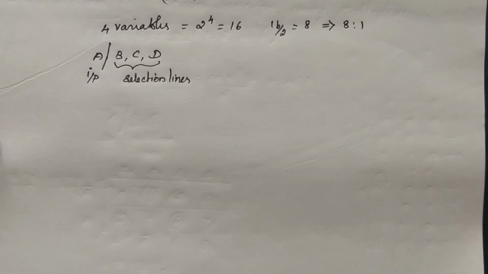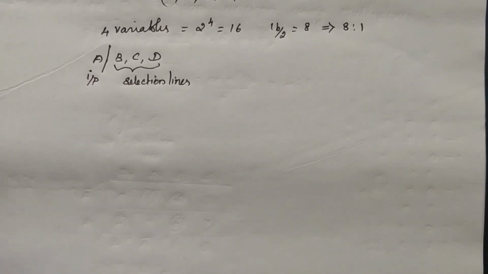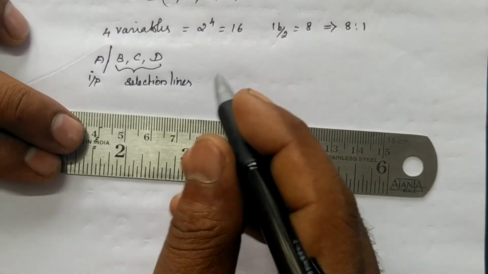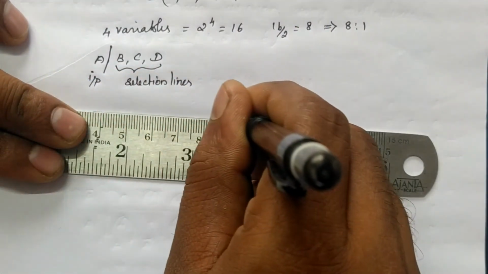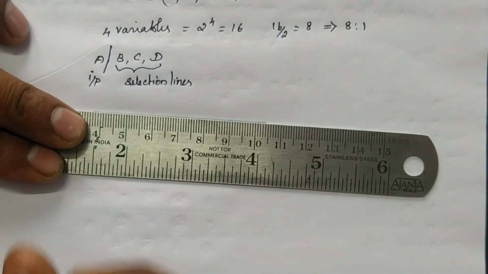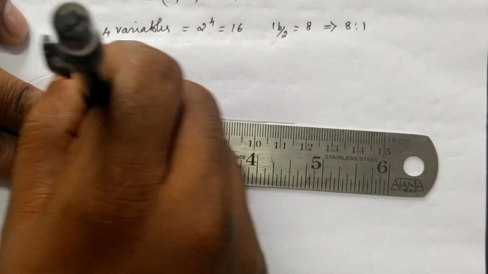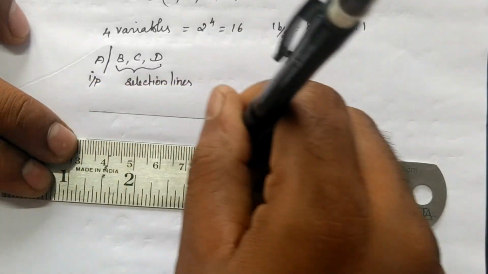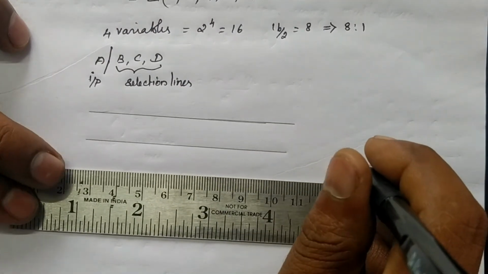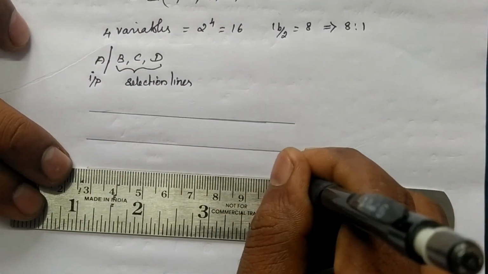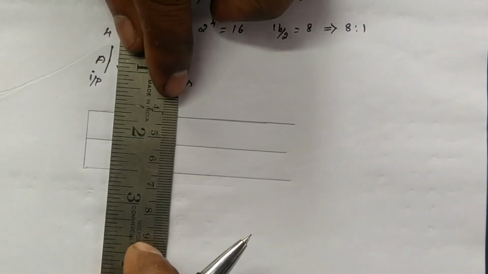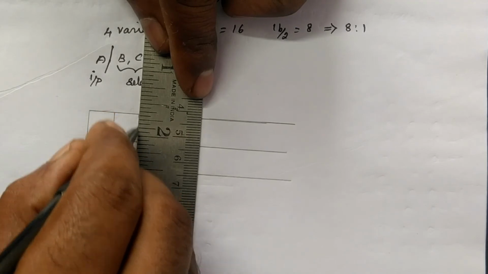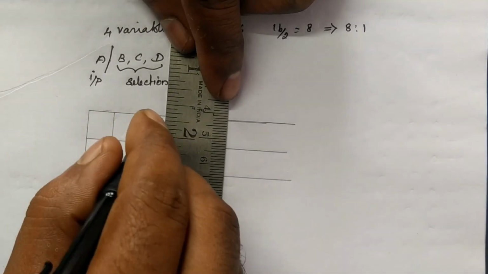Next we need to go for the table. Here we have 16 input combinations, therefore we need 16 by 2, which is nothing but 8 columns.